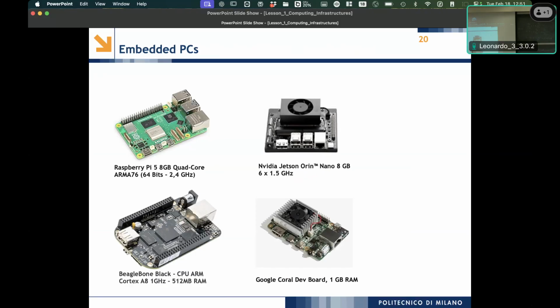I mean, a Raspberry Pi. Who plays with the Raspberry Pi? Raise your hand. Good, at least a few. Thank God. They are really cheap, right? $100, 130. I checked yesterday on Amazon, it is about 140. These are mini PCs.